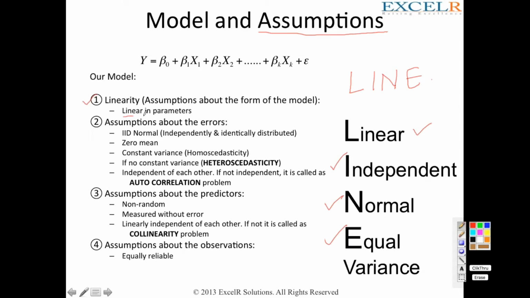Linearity, you know how to find out linearity in the various parameters using scatter diagram. You can do that. SP in the previous example stands for top speed of the car.